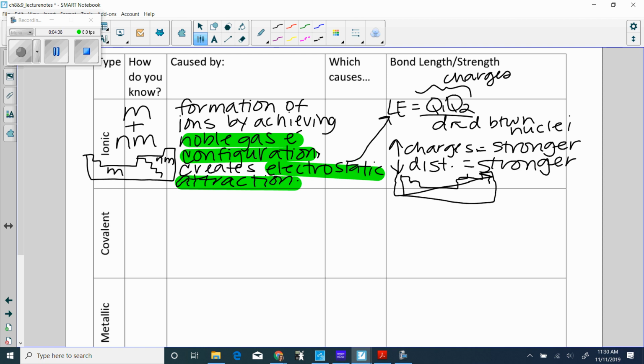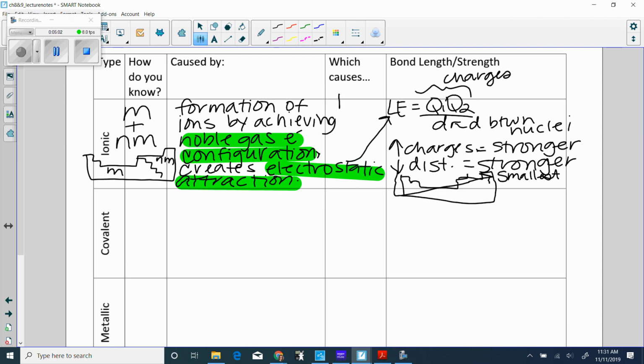So helium is the smallest distance-wise, like radius. Francium is the biggest. So upper and righter. We have a whole unit on why that is a trend, but for now you just need to pick out who's bigger and who's smaller. Okay?